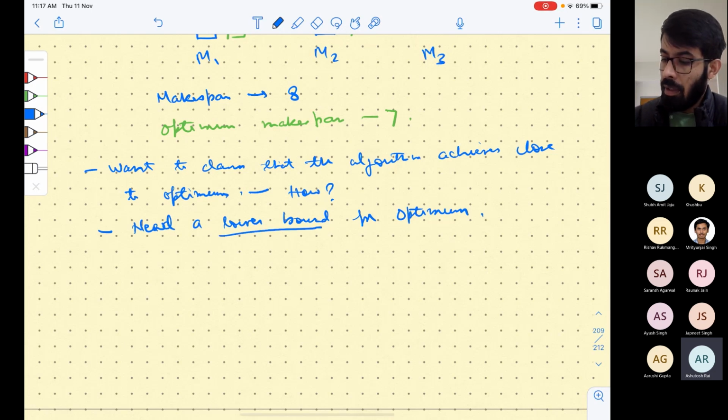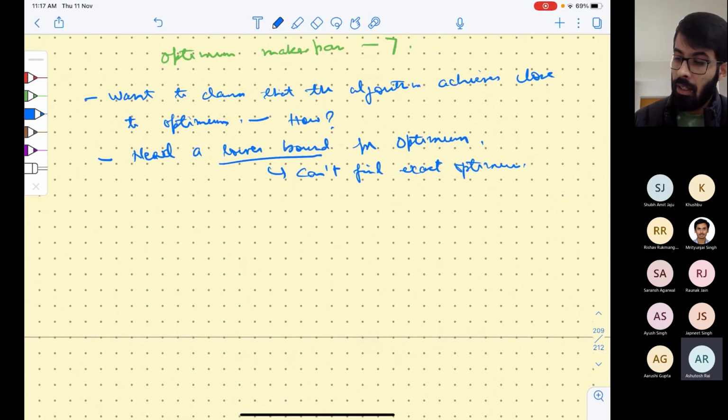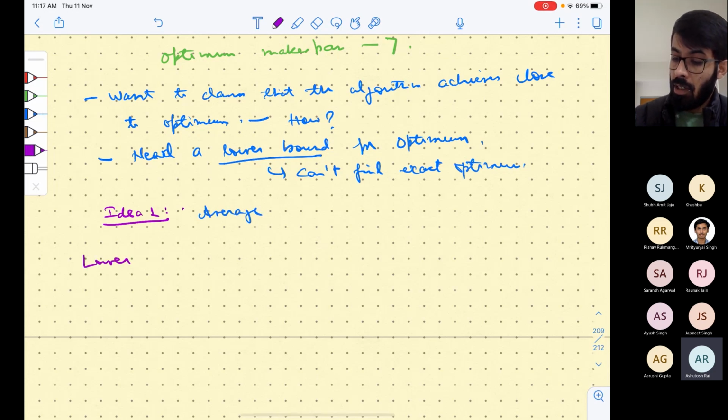But that gives us an idea of how to have some lower bound on the optimum, right? And why do we need a lower bound? Because we can't find the exact optimum in polynomial time. So we need some lower bound. Just like you said, the first lower bound is going to be the average. So let's say lower bound 1.